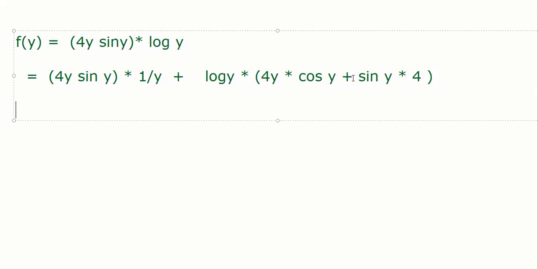Now we have to just write it. So let's simplify it. So this will be 4y into sin y by y. So y is gone. Correct? 4 sin y. Yes, sir. Plus log y, now I keep log y as it is, 4y cos y plus 4 sin y, right?